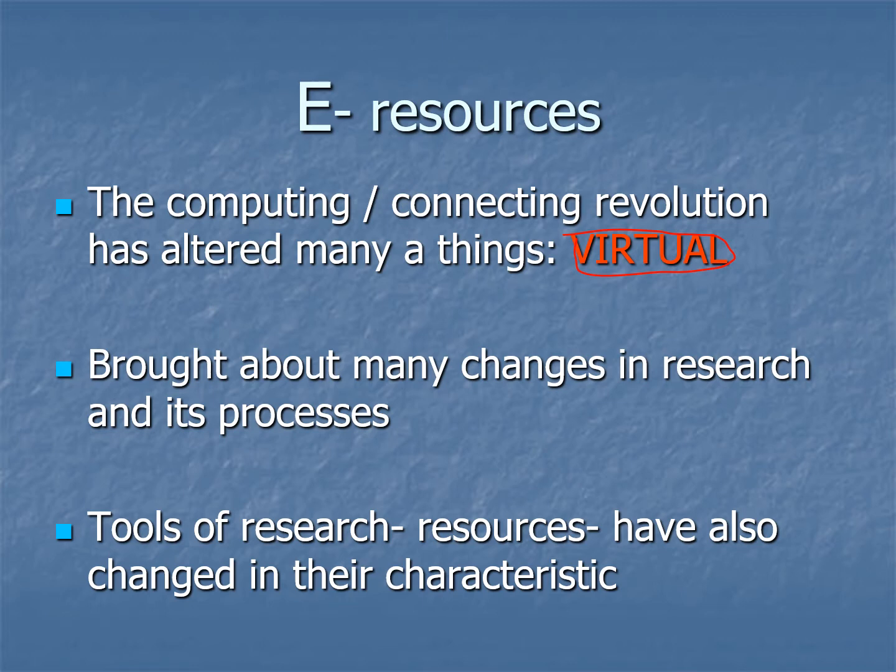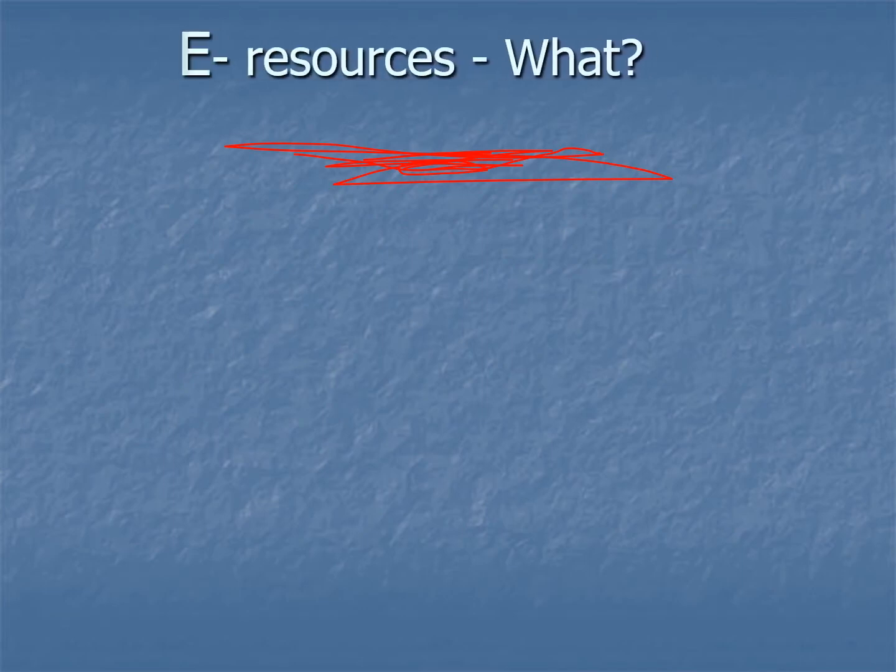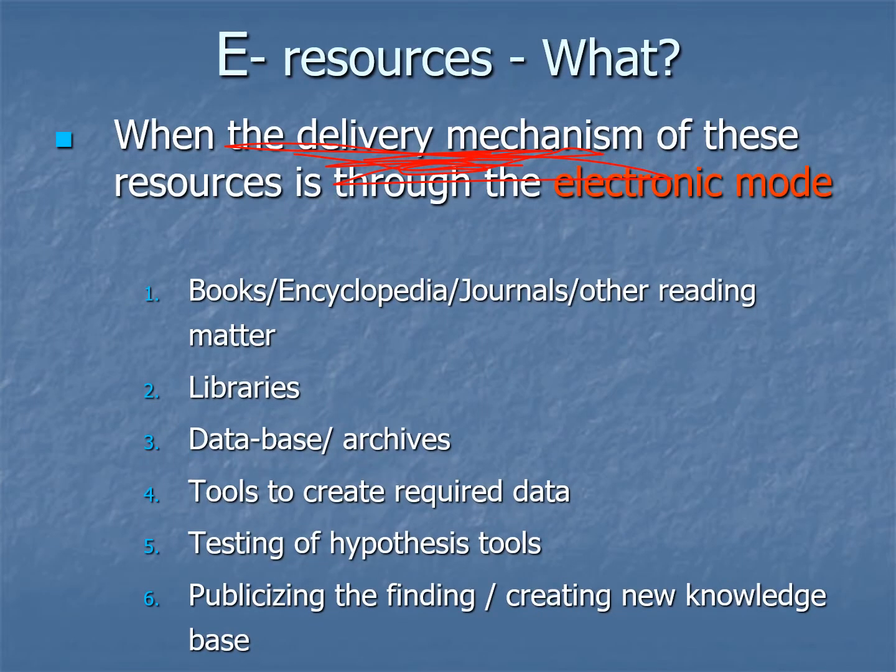There is a new space and we call it the virtual space. It has brought about many changes in research and its processes, as it has brought about changes in our livelihoods. Tools of research resources have also changed in that. And how have they changed?